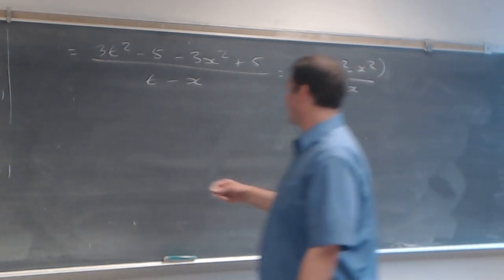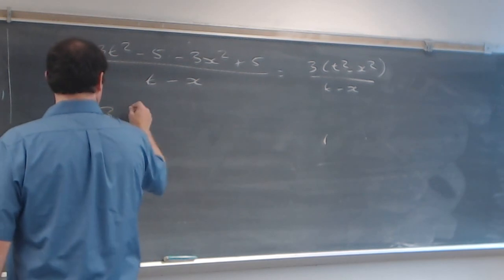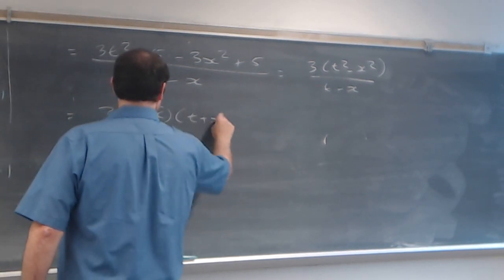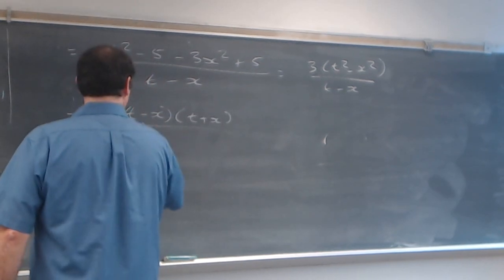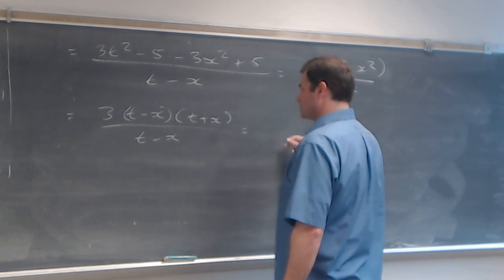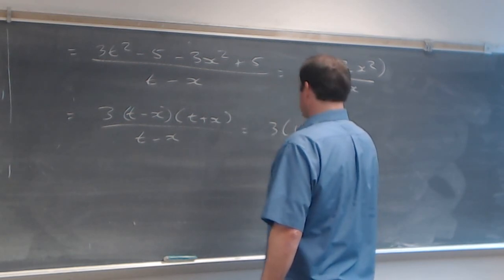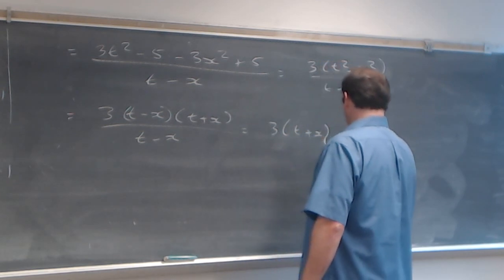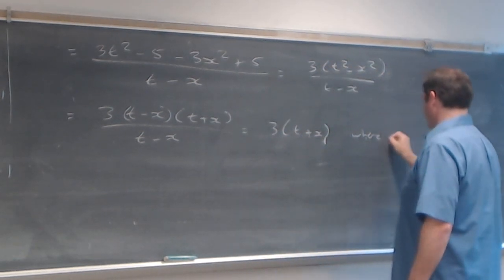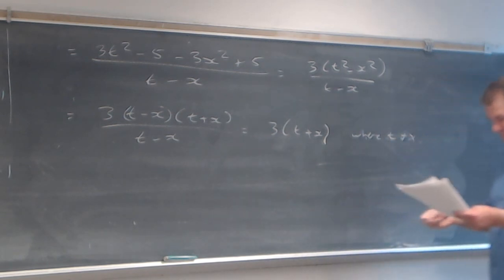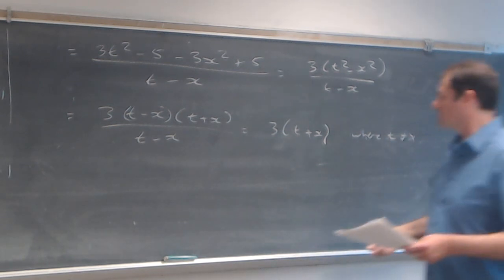And it turns out that the top can factor even further. It's t minus x times t plus x over t minus x, which will be equal to 3 times t plus x, where t is different from x, that stipulation. Okay?